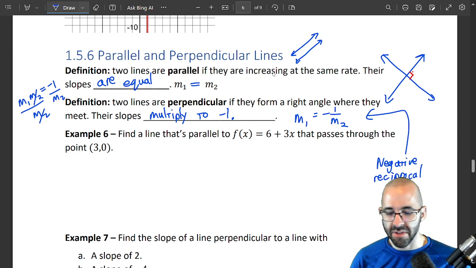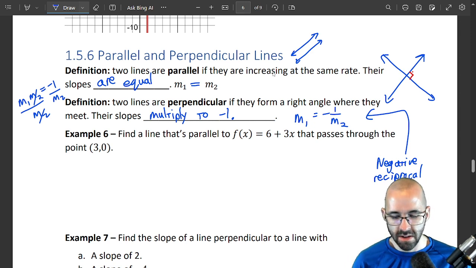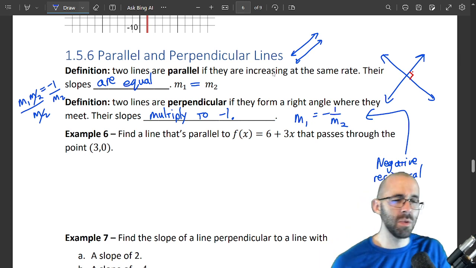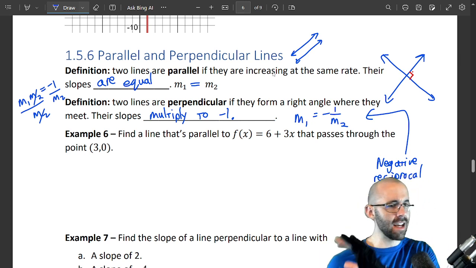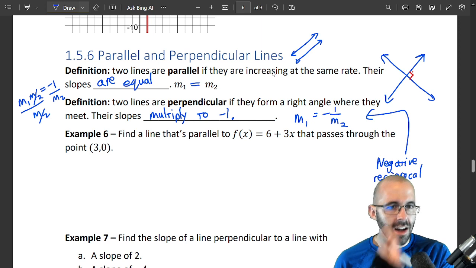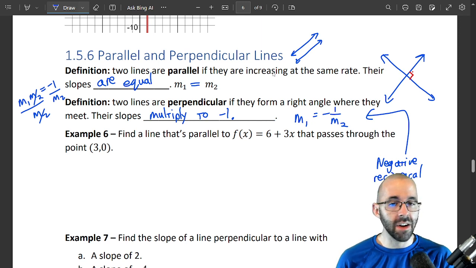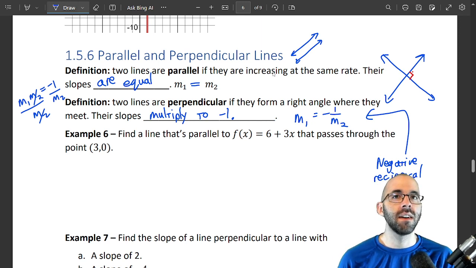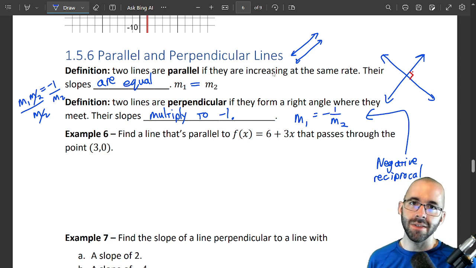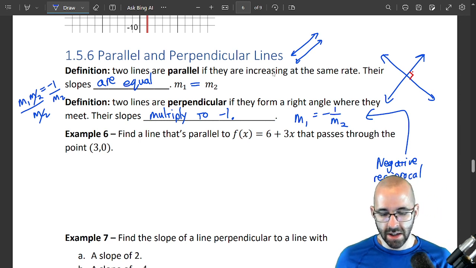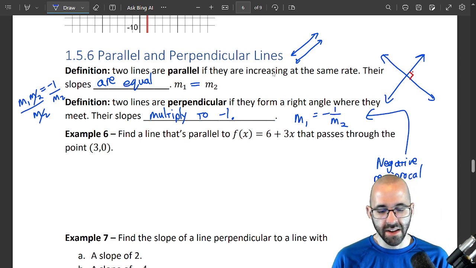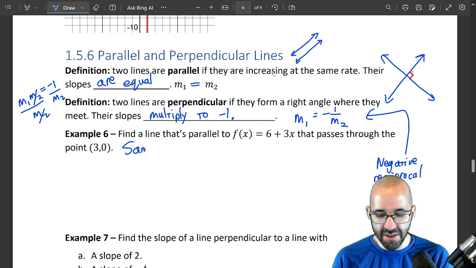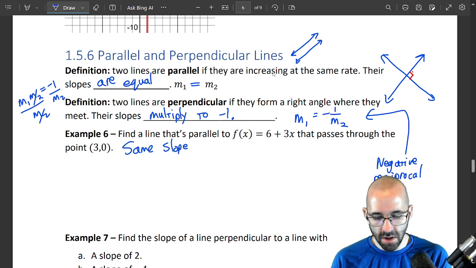So example 6, find a line that's parallel to this function that passes through that point. Ooh, this is going back to last section, I think. First, we need the slope, and we already have the point. We know how to plot a line given a slope and a point. So if it's parallel to this, that means that it's going to have the same slope.